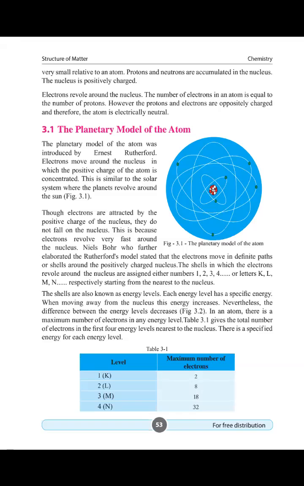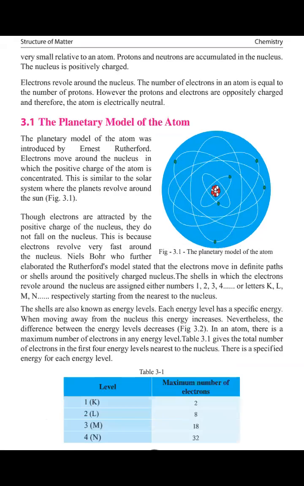So electrons move around the nucleus, like the solar system, in different pathways or elliptical pathways. Electrons are attracted by the positive charges of the nucleus. Of course, there is an attraction between positive charges and negative charges.